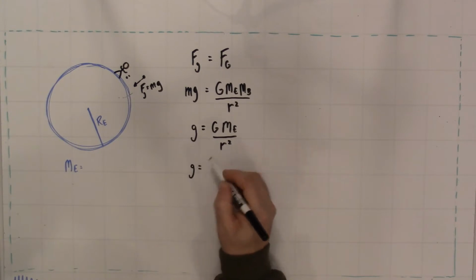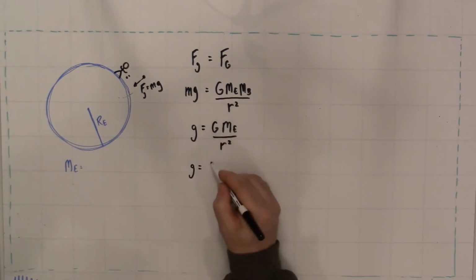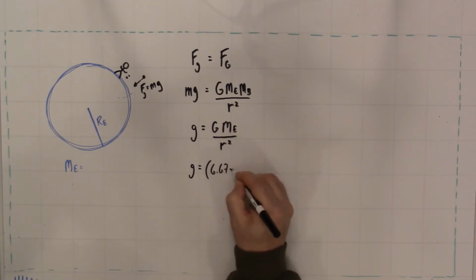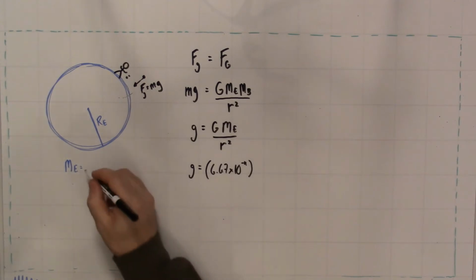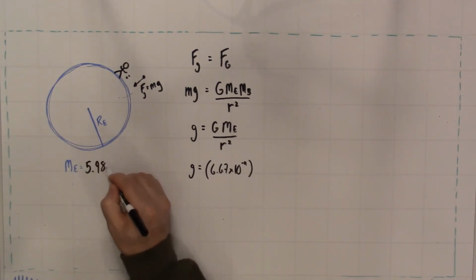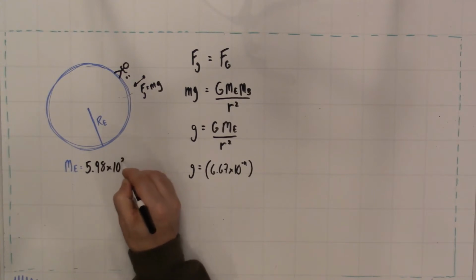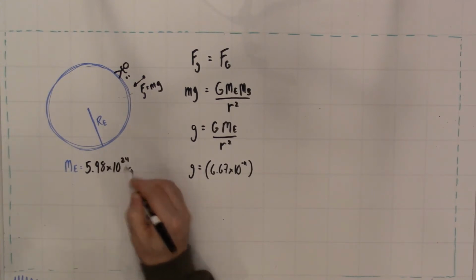So let's see what happens here. If I want to calculate this, let's use the universal gravitational constant, 6.67 times 10 to the negative 11, times the mass of the Earth, which is 5.98 times 10 to the 24 kilograms.